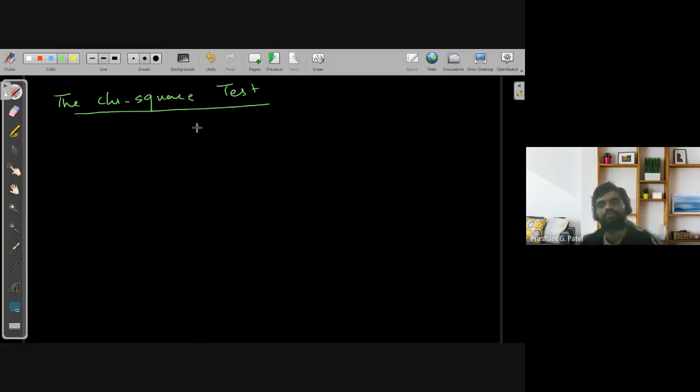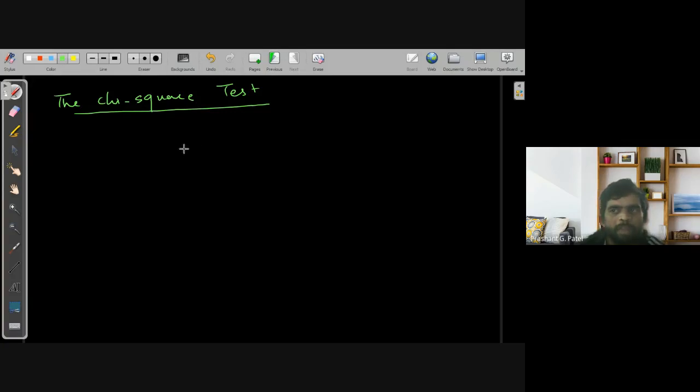Then we'll discuss the next test, which is the chi-square test. The objective of this test is also to test whether the numbers you generate are uniformly distributed or not.